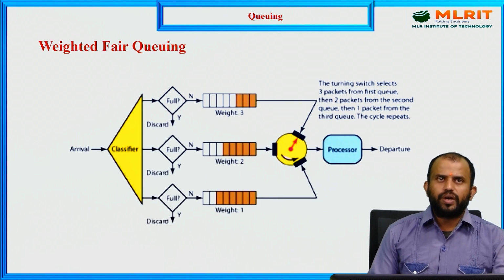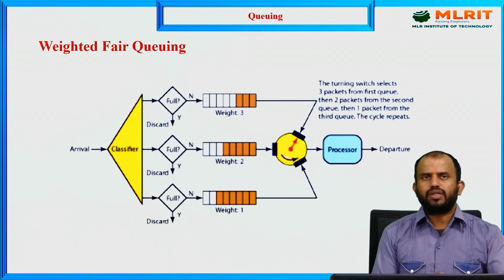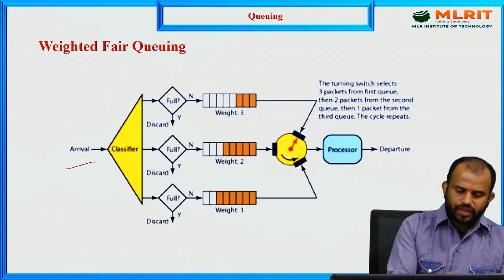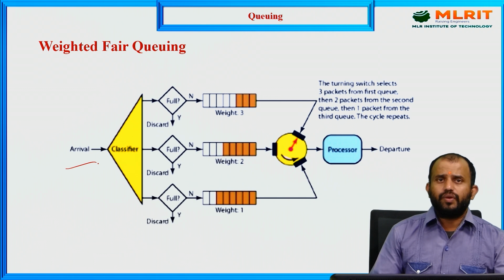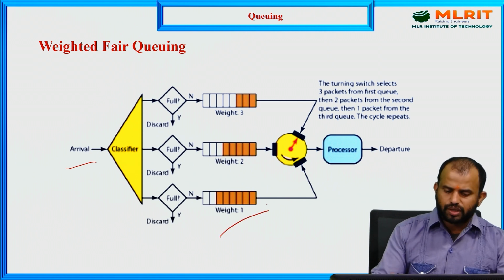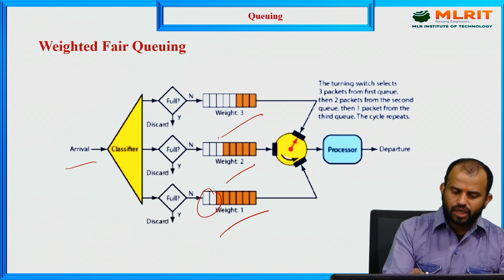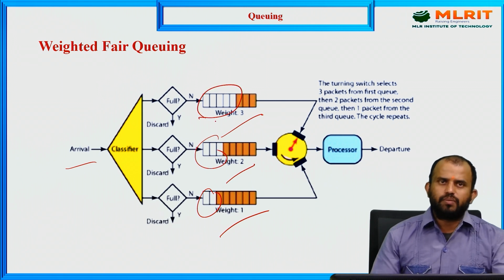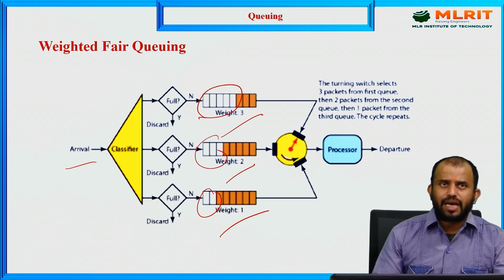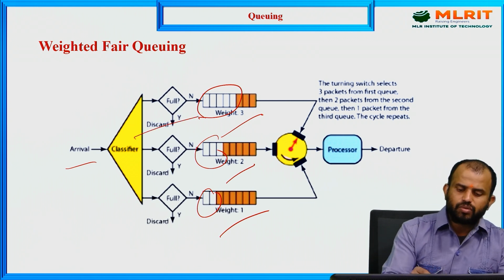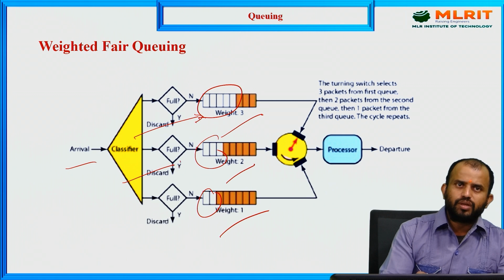Next one, weighted fair queuing. So what is weighted fair queuing? The name itself says it. Based upon the weightage values, the weight structure values, for example, weight 1 is there, weight 2 is there, and weight 3 is there. For example, here 2 frames are empty, here 3 are empty, and here more are empty. So the classifier has to understand the weight values, and based on the weighted fair queuing value, information is transmitted to either frame 3, frame 2, then frame 1.